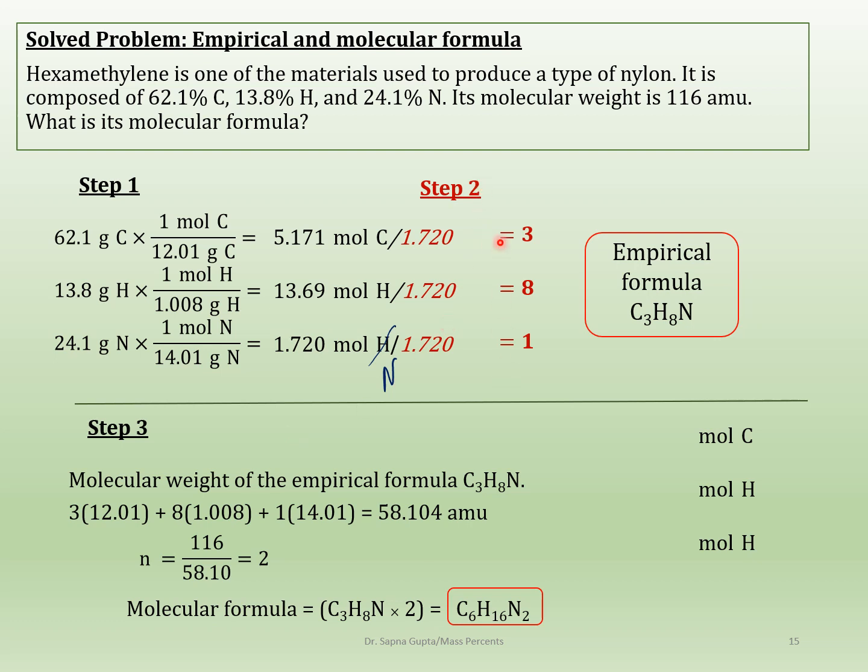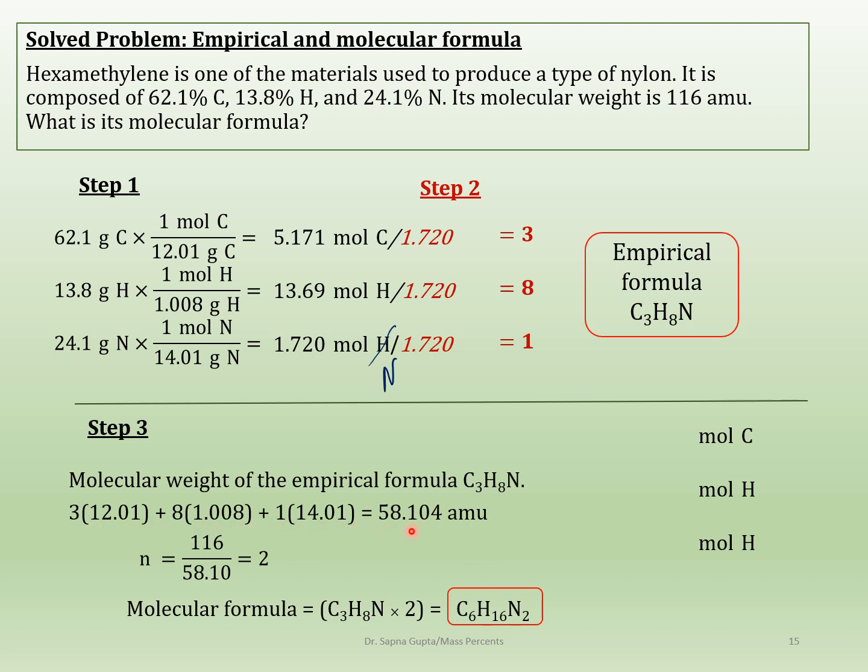Then step number 3. Step number 2 was just to find the mole ratios and come up with the empirical formula. Here we were lucky, we didn't have any decimal points. Otherwise we would have to multiply by 2 or 3, so we don't have to. The last step is to figure out the molecular formula. We first have to find the mass of the empirical formula for C3H8N. That's the calculation given to you.